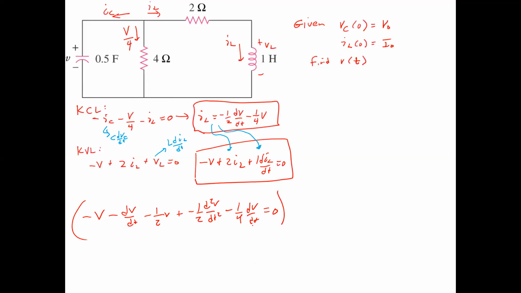And you can multiply that whole thing by -4. So you're going to end up with 2 d squared V dt squared plus 5 dV dt plus 6V equals 0. And on and on and on, right? We could solve this one as well if you want, but I think you get the idea.